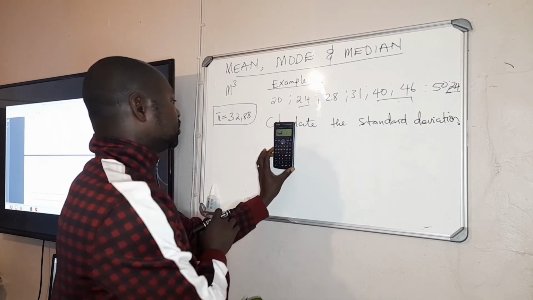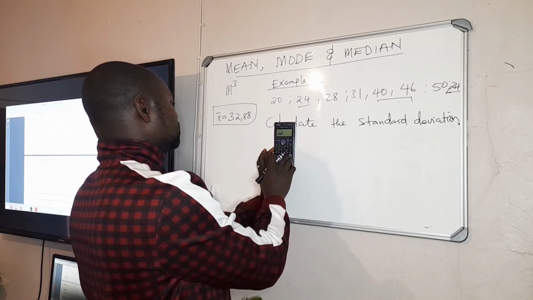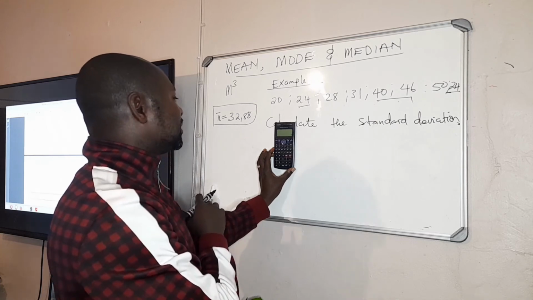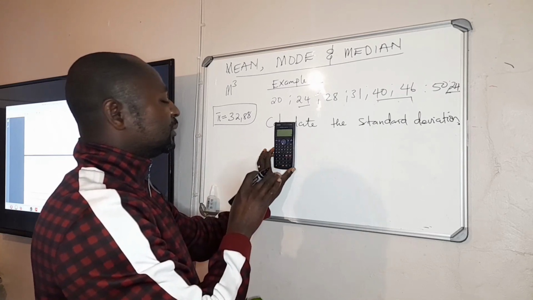When you are done, what do we do? AC. When we press AC, everything vanishes from the screen.